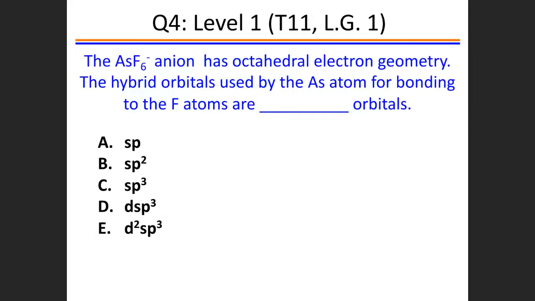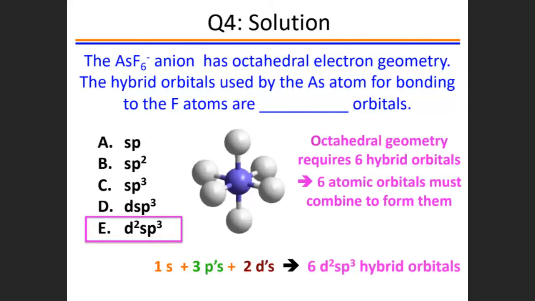So these are some examples. The AsF6 anion has octahedral electron geometry. The hybrid orbitals used by the As atom for bonding to the F atoms are, how many did we see? We saw d2sp3, correct? Let's go back. Yeah, d2sp3. This is how you have to practice and study.